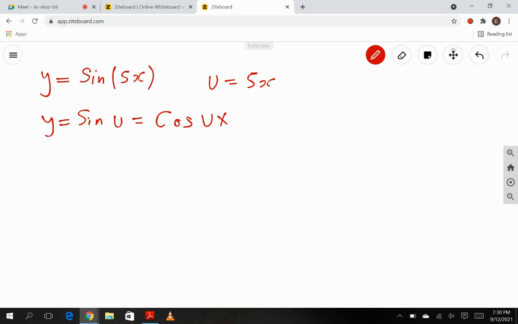So it's cos u. Then u prime. What's u prime? The derivative of 5x is just simply 5. So you write that.